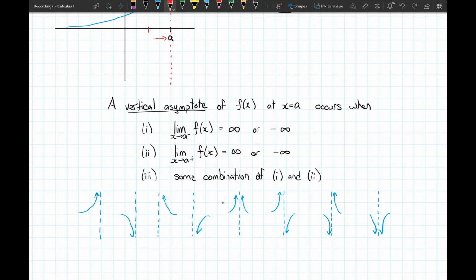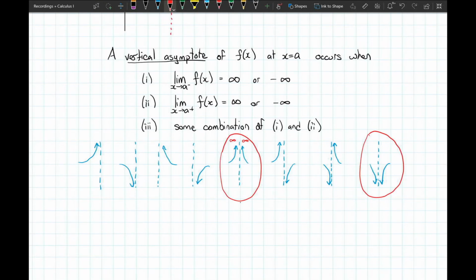Now, in two of these examples, it appears that the left and right limits both agree, that both sides seem to be going to plus infinity in one of these examples. So we would maybe just write that the two-sided limit, let's say as x approaches a, would equal infinity. It doesn't mean that the two-sided limit exists, but it does mean that the behavior of the function from both sides seems to be growing without bound off to positive infinity.